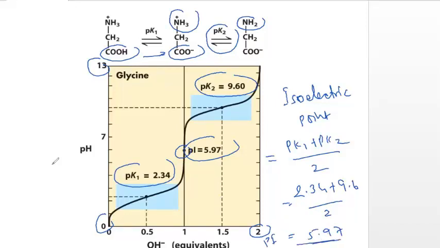Okay. So when pH is equal to PI, what is the definition of isoelectric point? When the pH becomes equivalent to isoelectric point. This is, sorry, pH equivalent to pK. No?